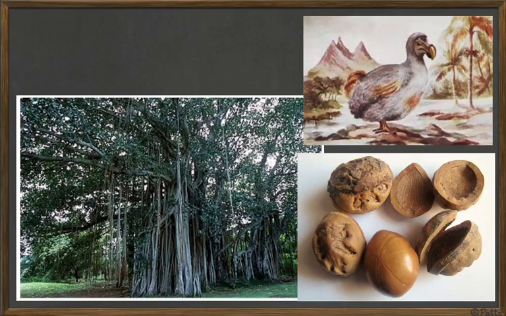However, after the dodos became extinct, these seeds did not need to be so strong anymore, but they were still very strong. And what's bad is that now they only germinate after they are scratched by the dodo's stomach. And because they're not scratched anymore, they have not been germinating since the 17th century, when the dodos became extinct.